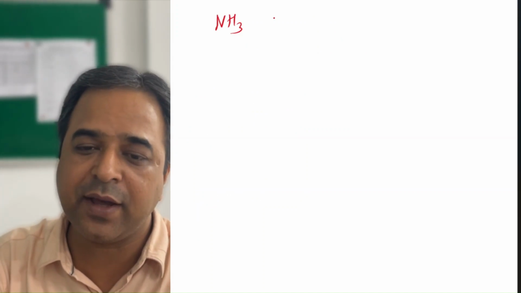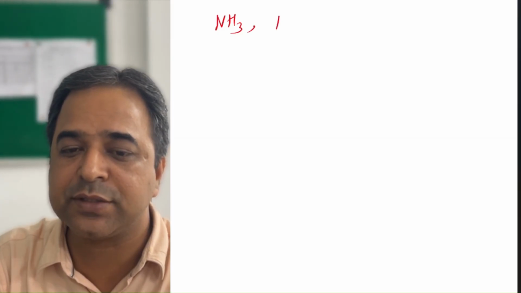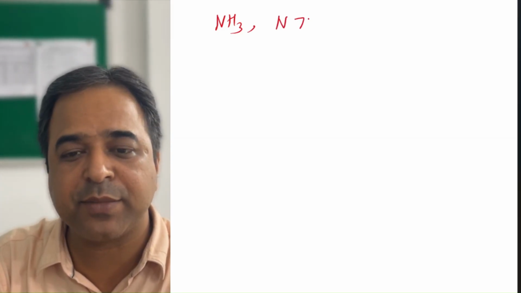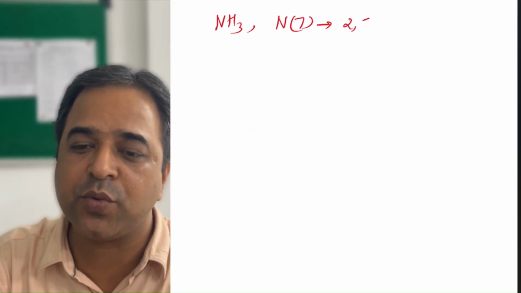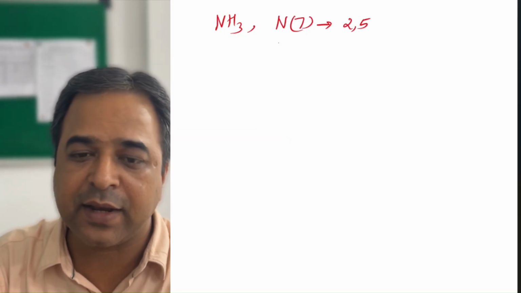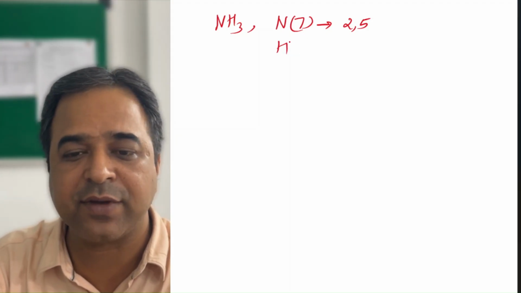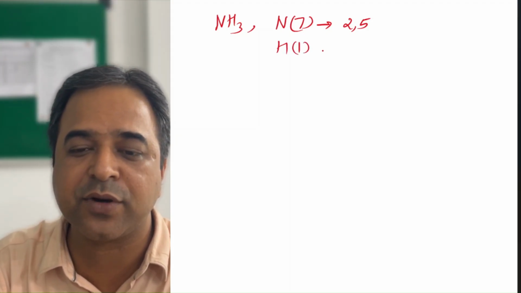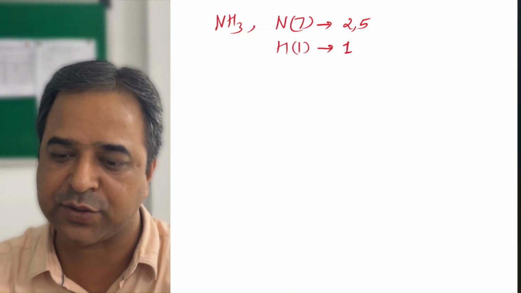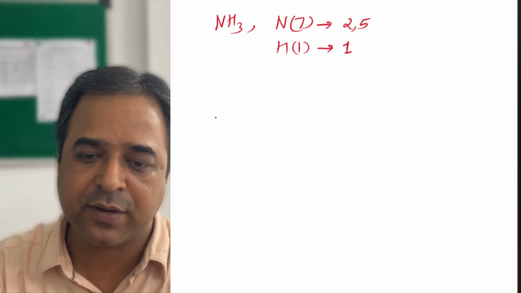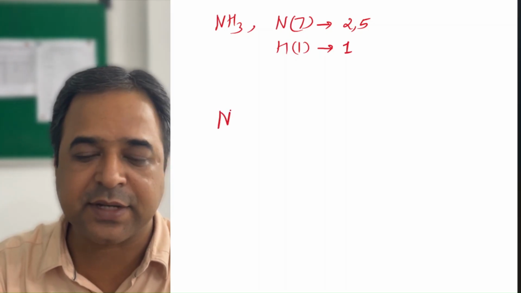In this ammonia, again, nitrogen has atomic number 7. So its electronic configuration would be 2, 5. And hydrogen has only and only one electron. So its first and last shell will have only one electron. Okay. So now here, this is nitrogen.